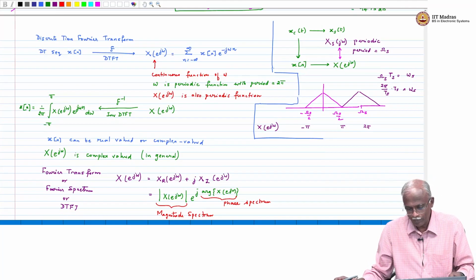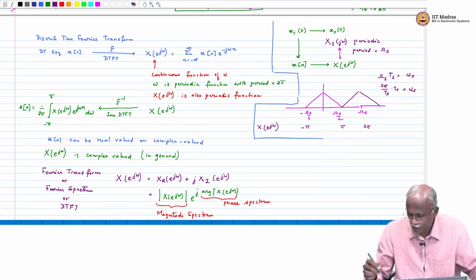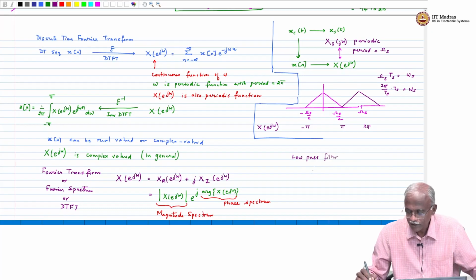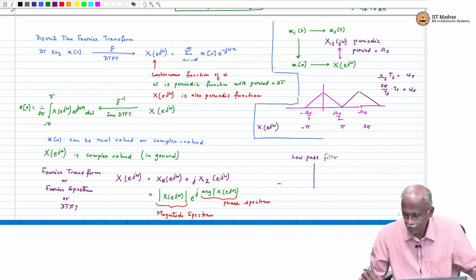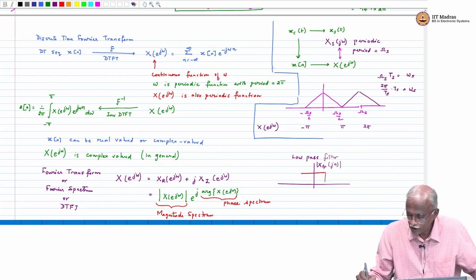So, for example, we have already used this as a statement without even giving the definition of it. So, if I want to consider a low pass filter, okay, and I specify that my frequency response XLP of j omega magnitude is going from some cutoff frequency to another cutoff frequency, minus omega c to omega c.